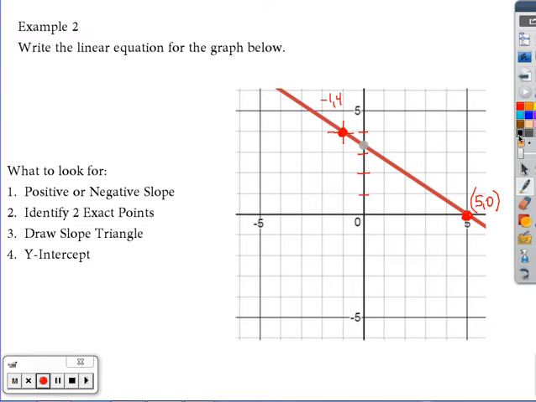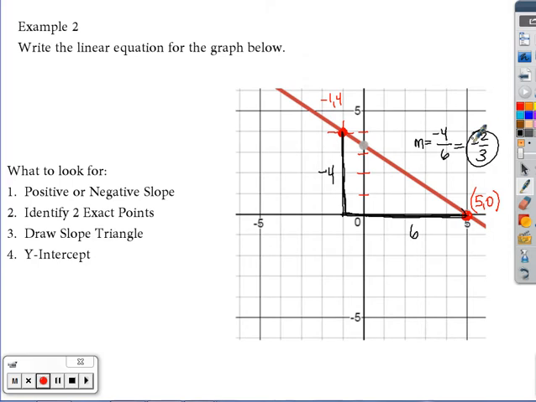So if I draw my slope triangle in, I'm going to go down 4, and I'm going to go over 6. And I can just count those blocks for that. So a down 4 is a -4, over 6 is a 6. So my slope ends up being -4 over 6, which is -2/3.